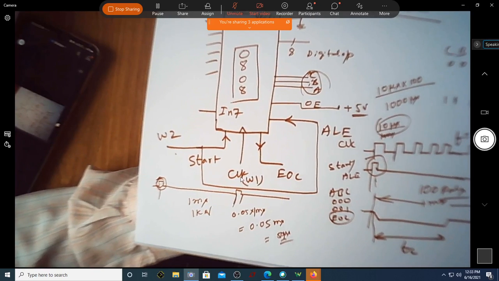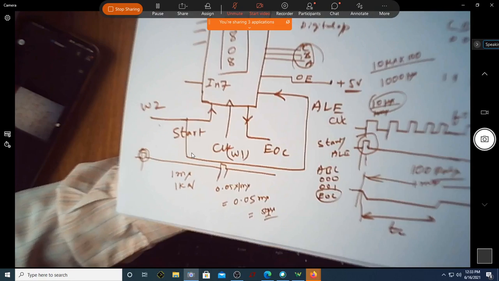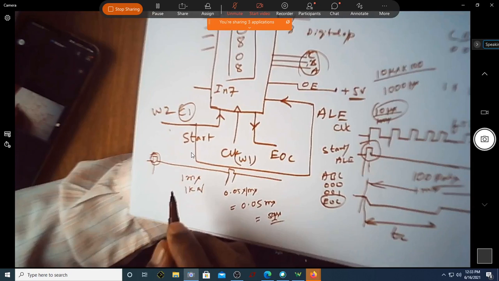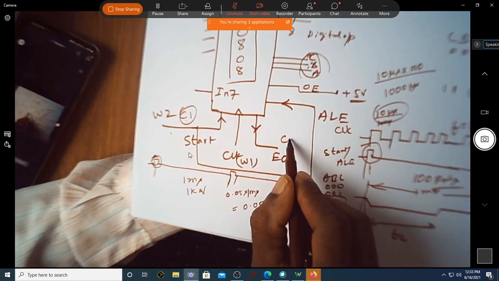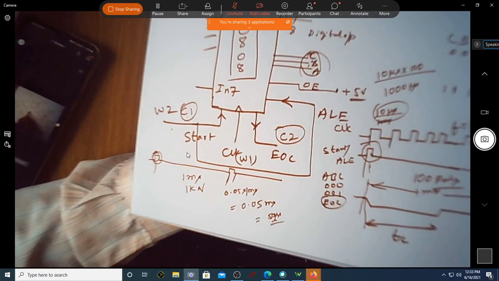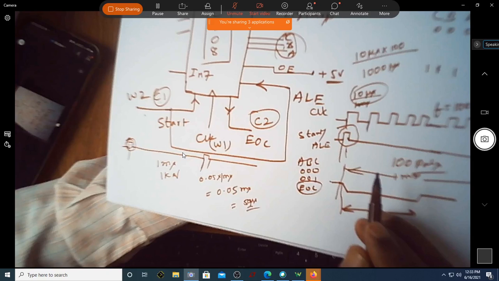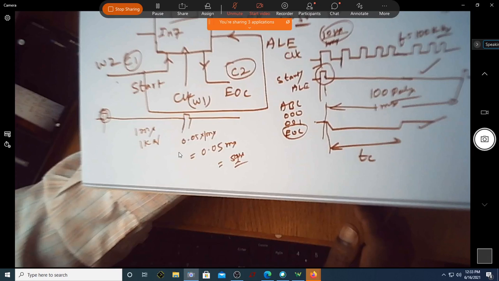I'm not bothered about what my clock is. So I will connect this to channel 1 of the scope, and this to channel 2 of the scope, so that I can see this waveform and this waveform.